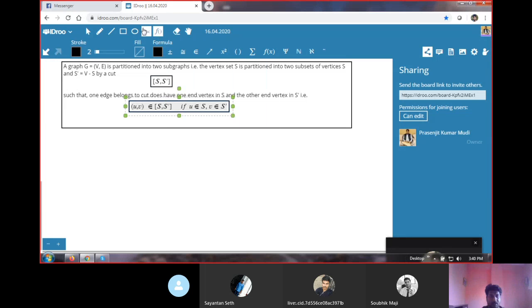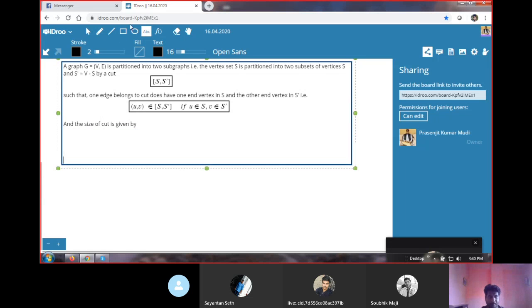And we know that the size of the cut is given by the set of edges which belong to this cut.